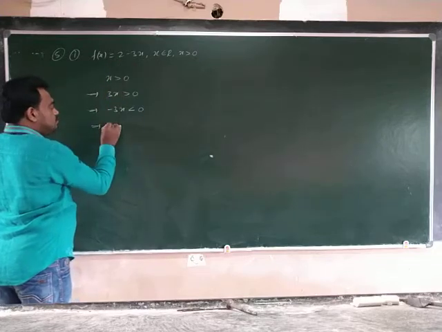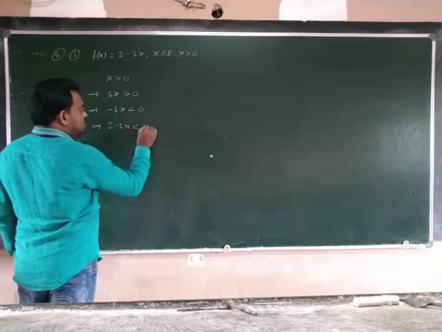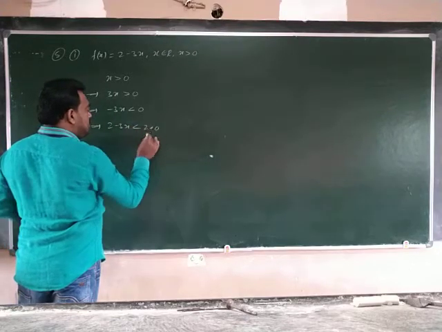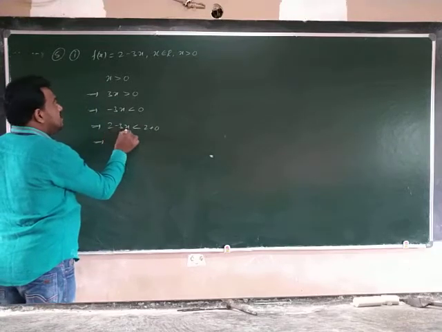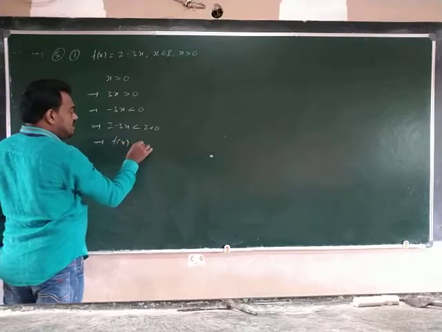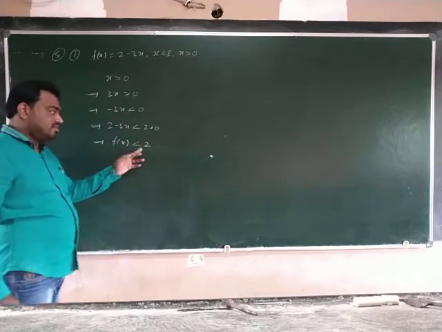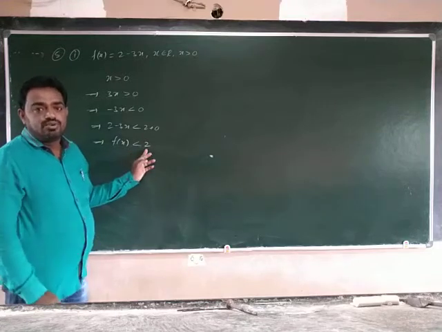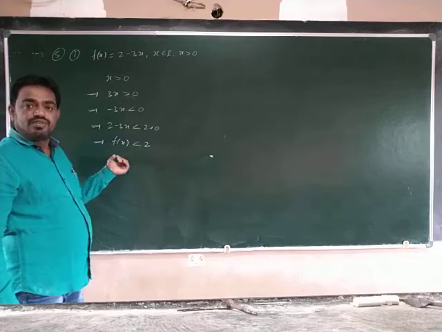So 2 minus 3x is less than 2 plus 0. 2 minus 3x is nothing but f of x. So f of x is less than 2 plus 0, which is 2. That means f of x values are less than 2, which means minus infinity to 2 is the f of x values.